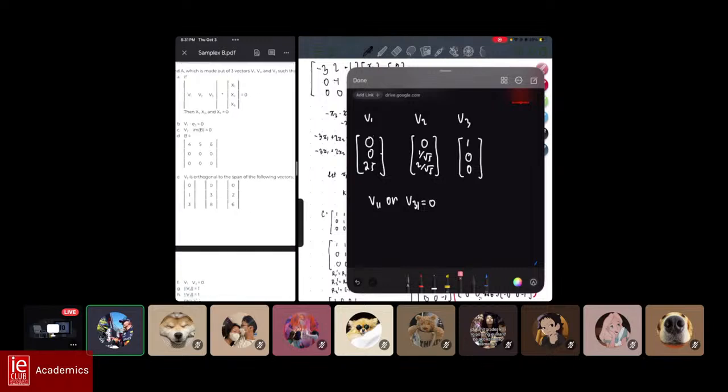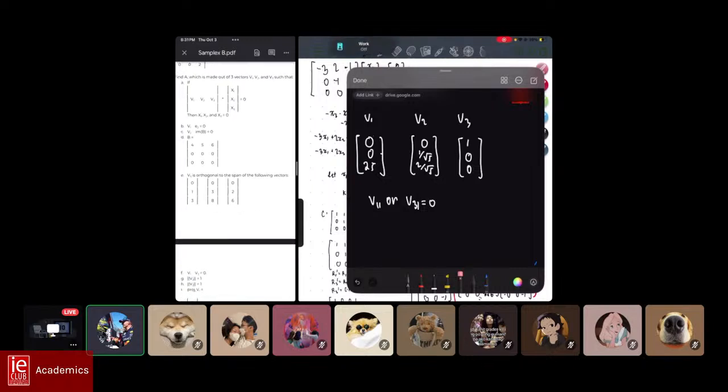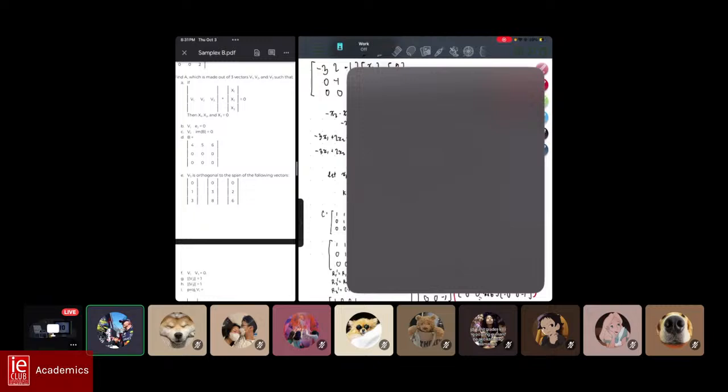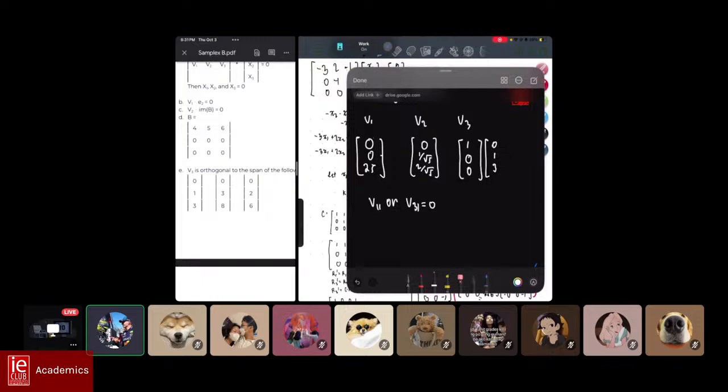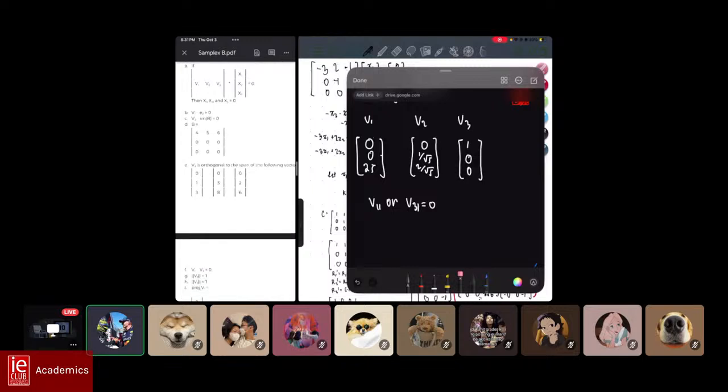V is orthogonal to the span of the following vectors. Even if you didn't follow the rule on basis, just manually plug in every single one. It's always 0 because the second and third elements are 0, and the first element is 0, so the 1 always cancels out. Whatever you plug in there between the 3, it will be 0 when you dot product.